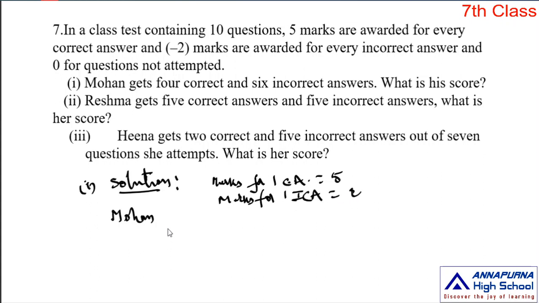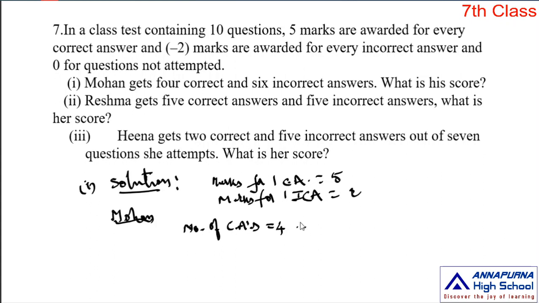Now come to Mohan. Number of correct answers, let me write in shortcut, is equal to 4. Mohan gets 4 correct.